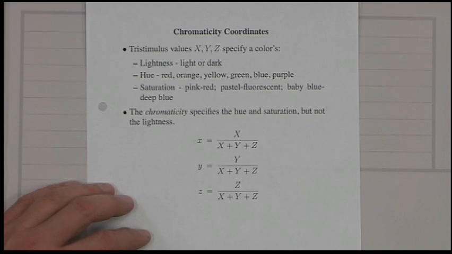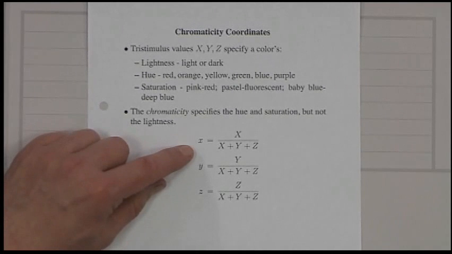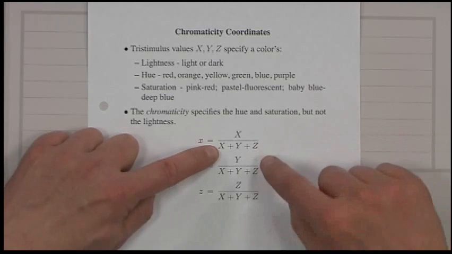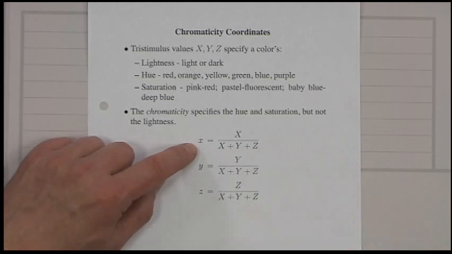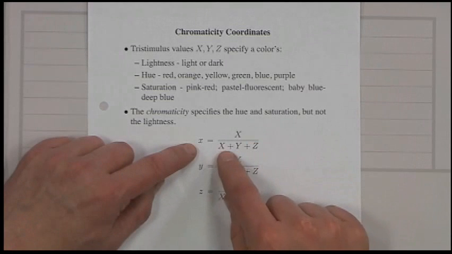So you take the XYZ values, and for each value, you normalize by dividing by their sum. So you take X and you divide it by X plus Y plus Z.